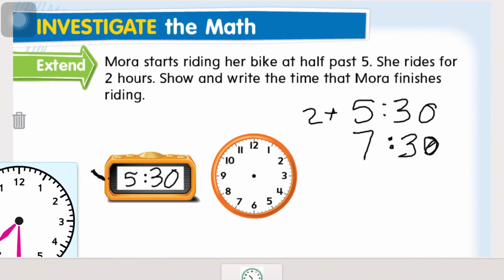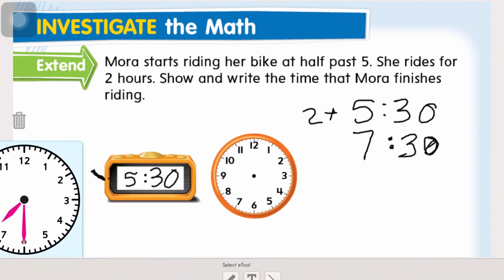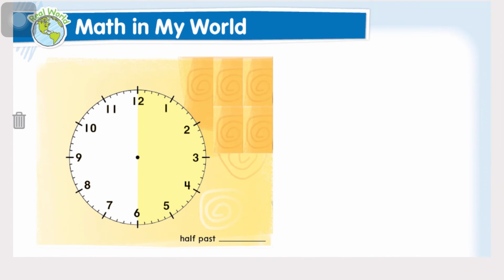So let me erase this, because we need to write in the time that she finishes, which is 7:30. On our analog clock, that looks like minute hand on the 6, hour hand halfway between the 7 and the 8. And that puts us at 7:30.